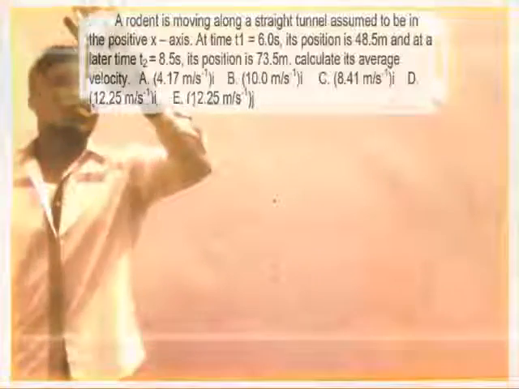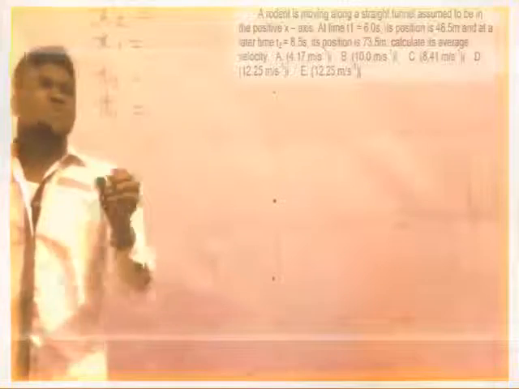Let's just shift this question to this side. We're given the initial position, we're given the final time, we're given the initial time. So the final position is simply from the question: 73.5 meters.